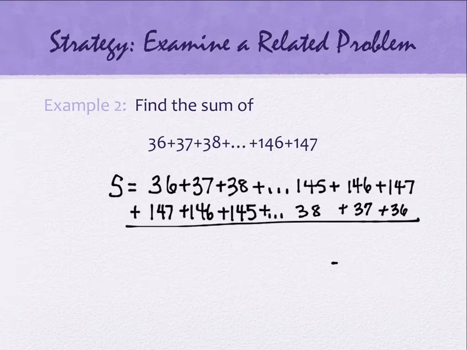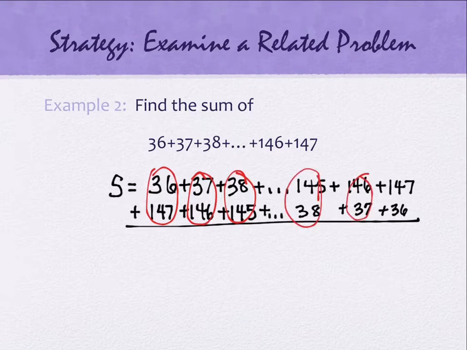And if the strategy is going to work, it must be true that each of these individual additions are the same. So check them. Do they all add up vertically to the same quantity? Do they work?